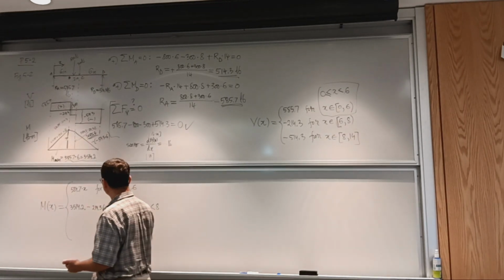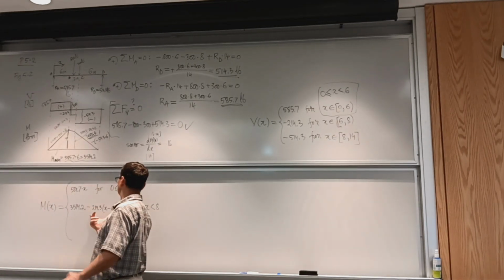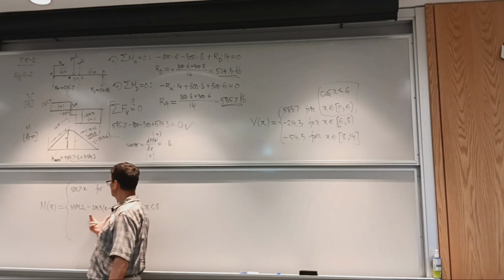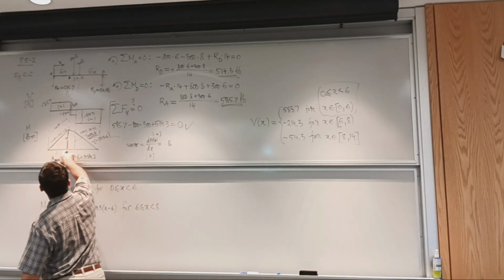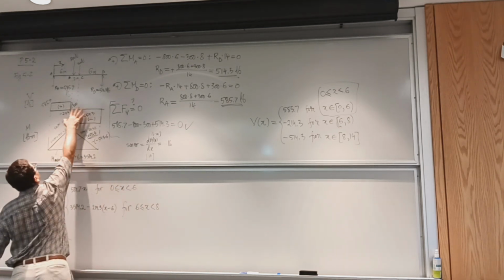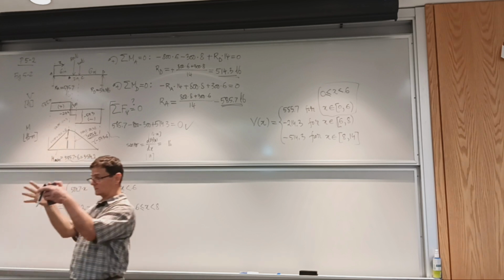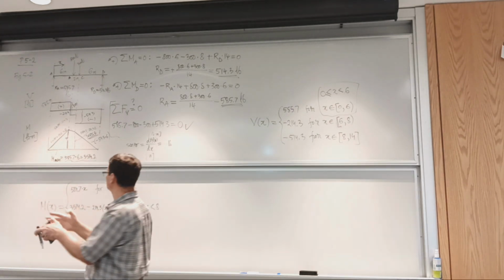Actually, this piece is an area principle. So the change in moment between points B and C is equal to the corresponding area between the same points on the shear diagram.